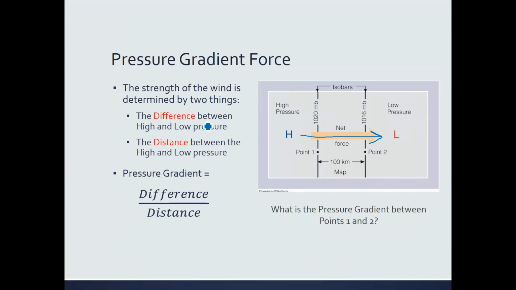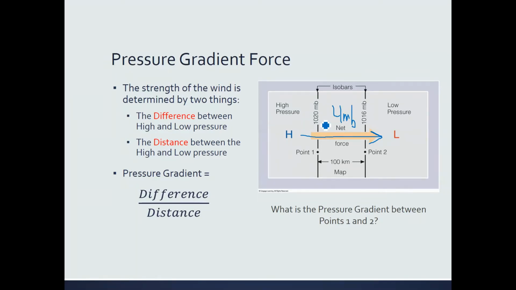Well, if we use this equation, difference over distance, the difference between the two is 1020 minus 1016. What's the difference between those two? Well, it's 4 millibars. Don't believe me? Subtract the smaller one from the larger one. 1020 minus 1016 equals 4.